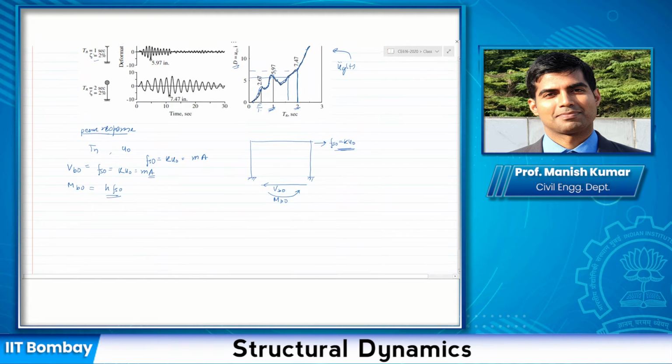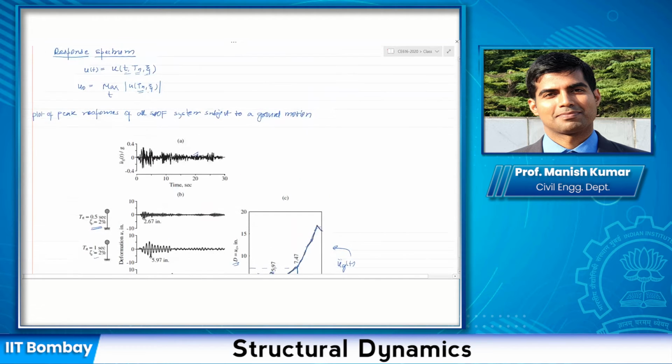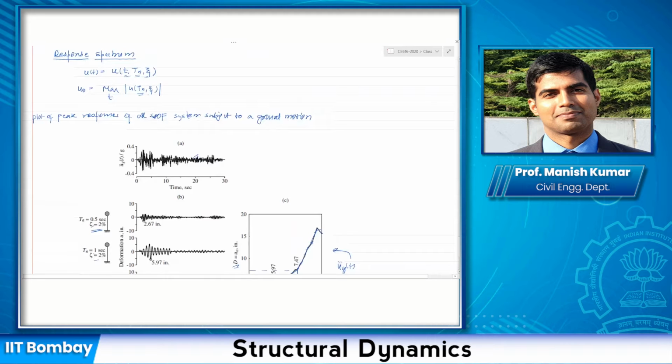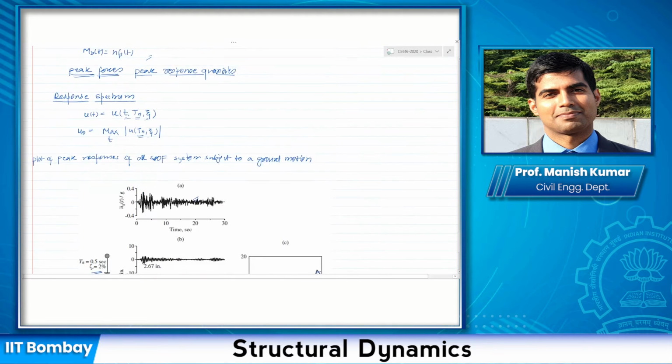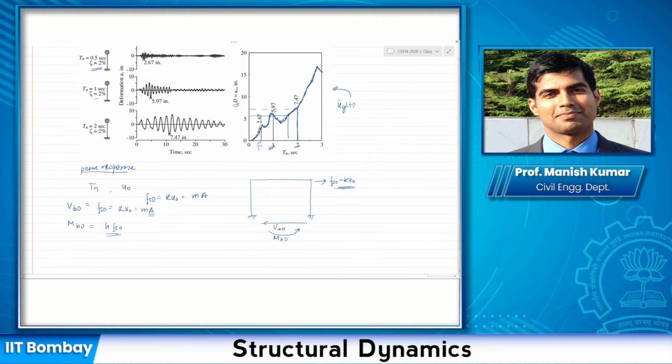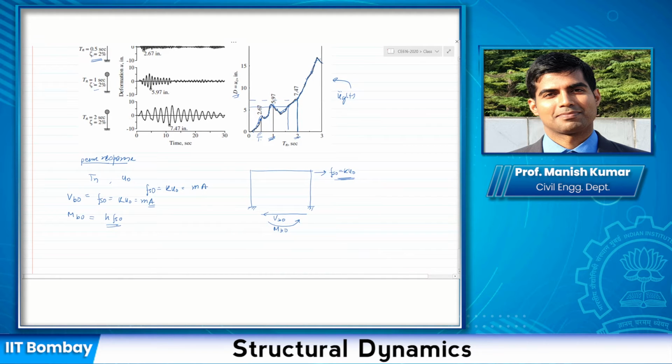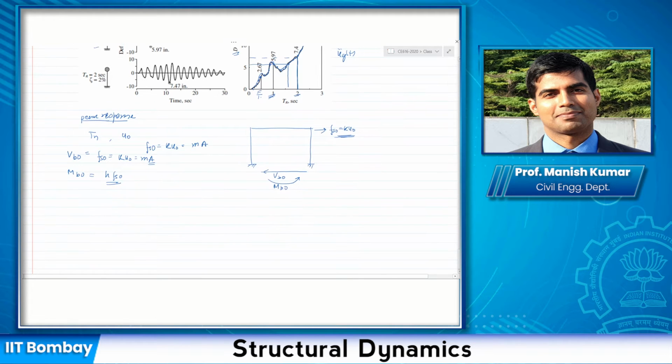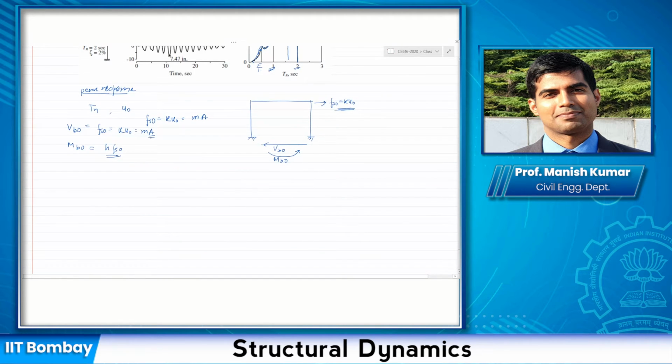We have seen that at any time instant, I can find these response quantities. But if I have the response spectrum available, I don't need to find them at any particular time, because as a designer I am already interested in finding the peak forces, and I can get that from the response spectrum. In this case, my total response depends on pseudo acceleration.